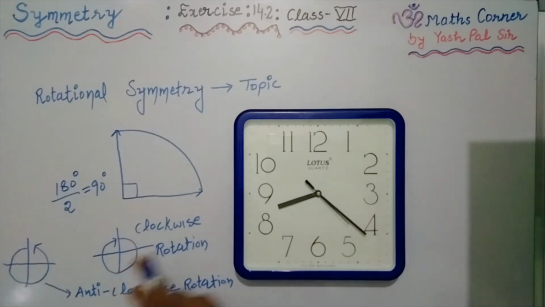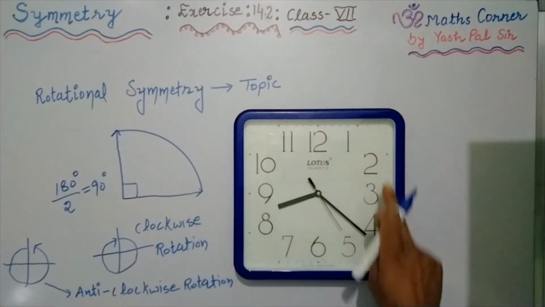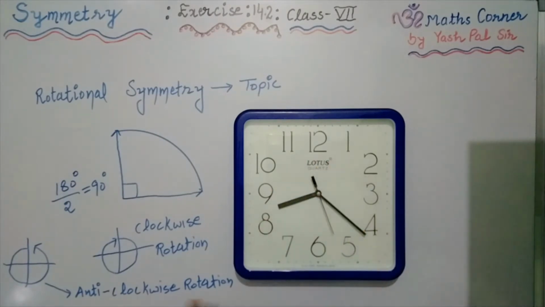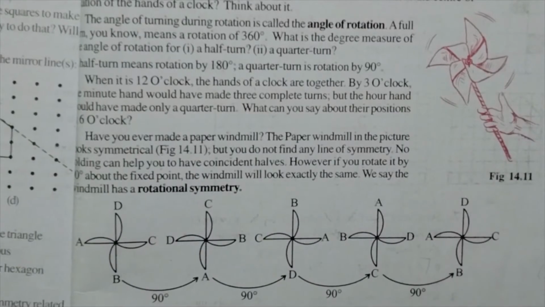The rotation of the hands of the clock is called clockwise, and the opposite rotation is called anti-clockwise rotation.